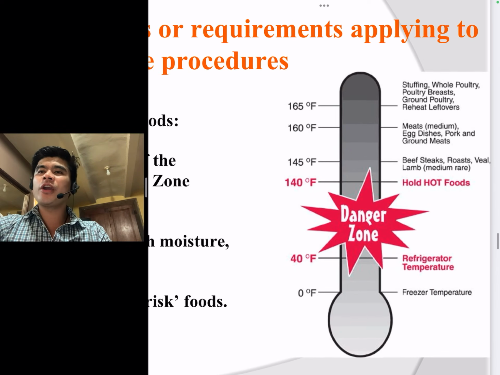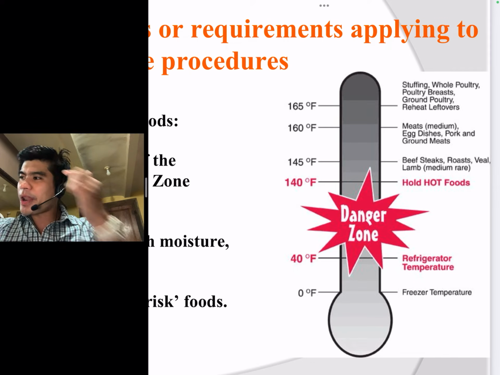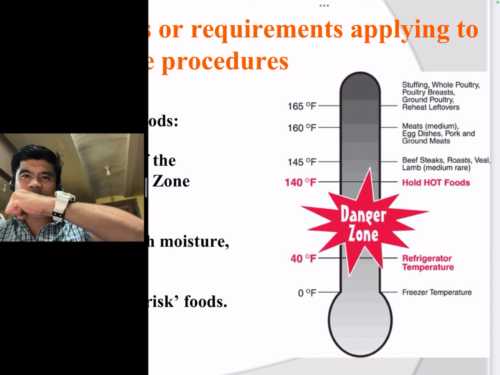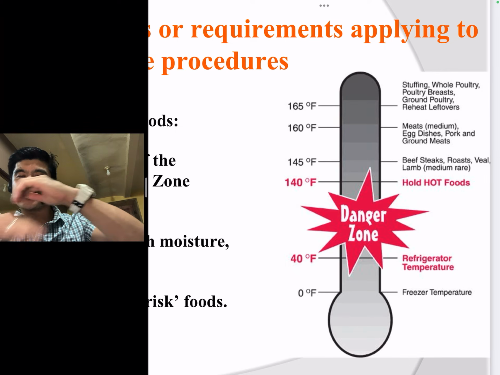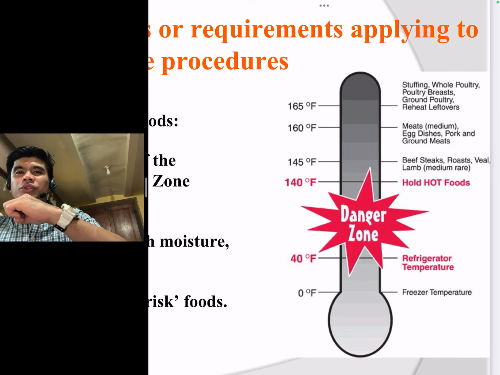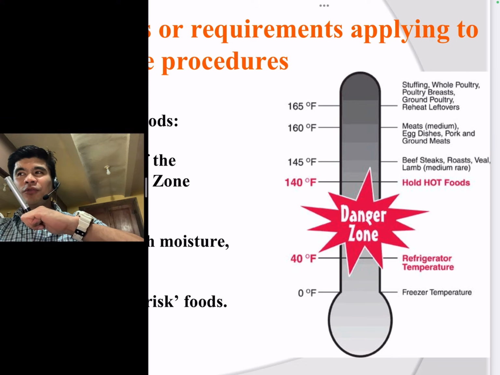Moving on. As you can see, 165 degrees. Let's say you have poultry on top of the plate. I am the cook, so what I'm going to do is stick the food thermometer in for a few seconds, and in some thermometers it beeps, like body thermometers.